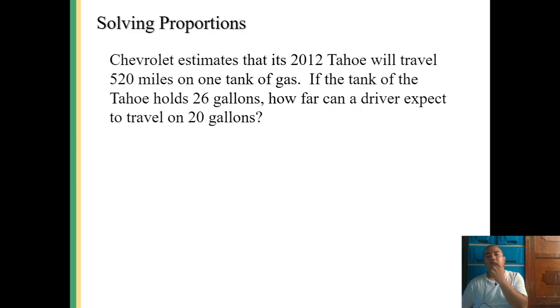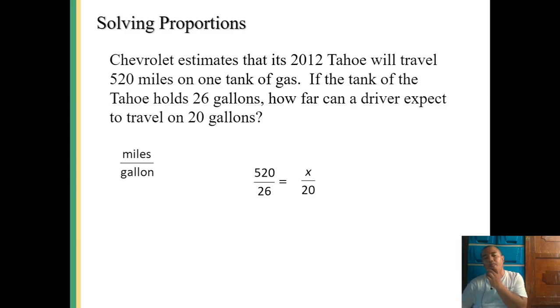Chevrolet estimates that its 2012 Tahoe will travel 520 miles on one tank of gas. If the tank of the Tahoe holds 26 gallons, how far can a driver expect to travel on 20 gallons? Our ratio, miles over gallon, is 520 over 26. Now, how far can a driver expect to travel on 20 gallons?